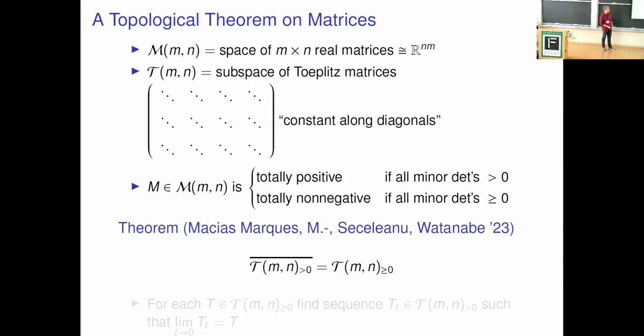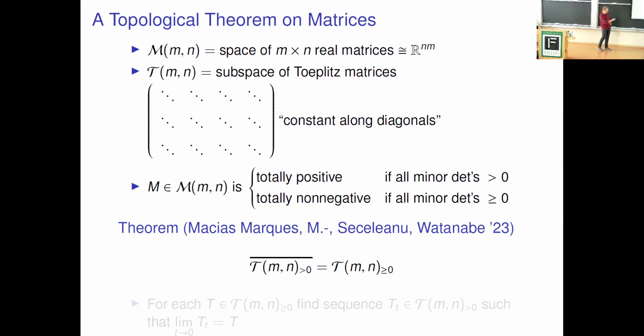What do you get? Our theorem says that you get exactly the set of totally non-negative Toeplitz matrices. As plausible as this sounds, it's not quite as obvious as it might seem. Or if it is, maybe you can tell me, and that will change my whole life.